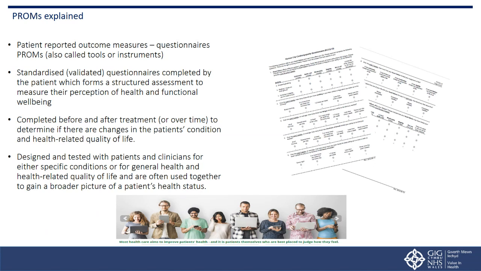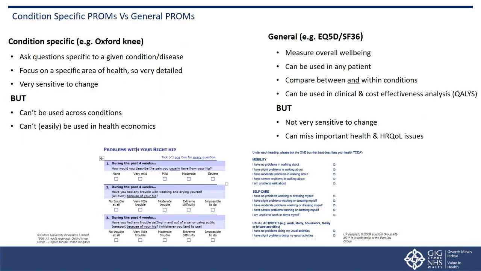The questions are designed and tested with patients and clinicians. This is either for specific conditions or for general health and health-related quality of life. And specific and general PROMs can be used together to gain a broader picture of the patient's health status. So next slide, please, and we'll discuss a bit more detail around these different PROMs.